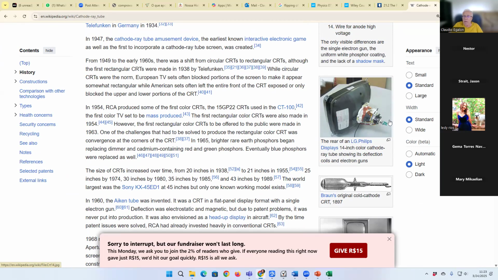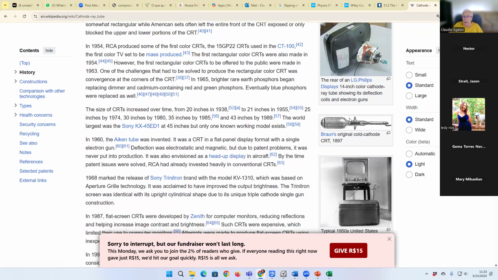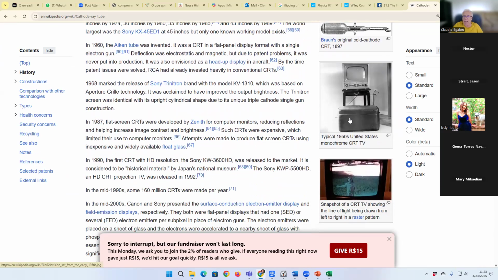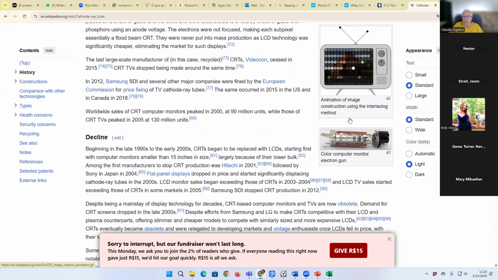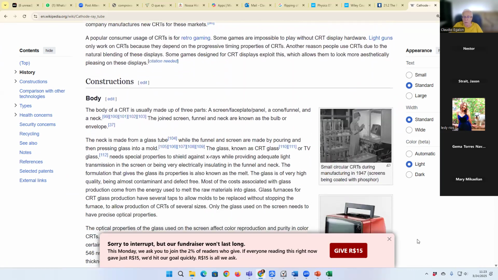But that's the back of the screen. What you have here is the CRT, the cathode ray tube. Older TVs and older computer screens use this technology. My old Macintosh, my first computer that I bought, used one of those.